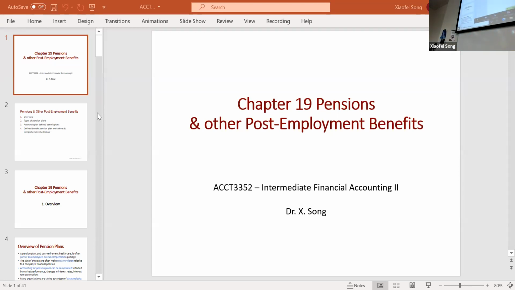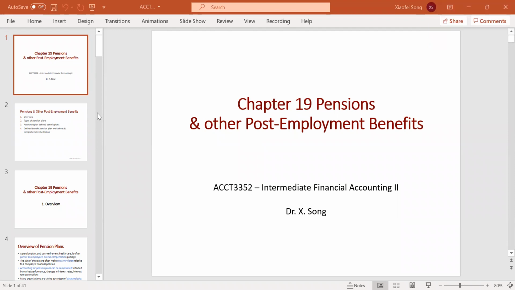So just a quick recap, we talked about chapter 19 on pension and other post-employment benefits. There are generally two types of such benefits: defined contribution versus defined benefit.